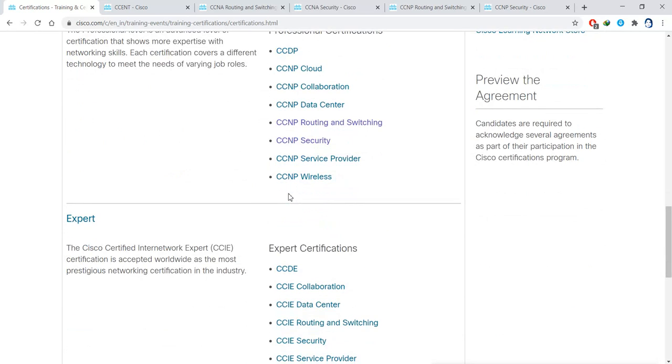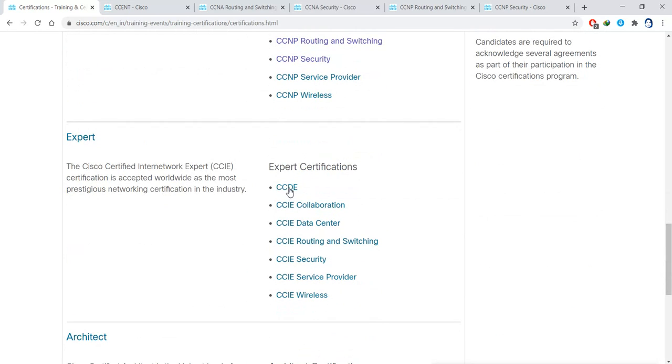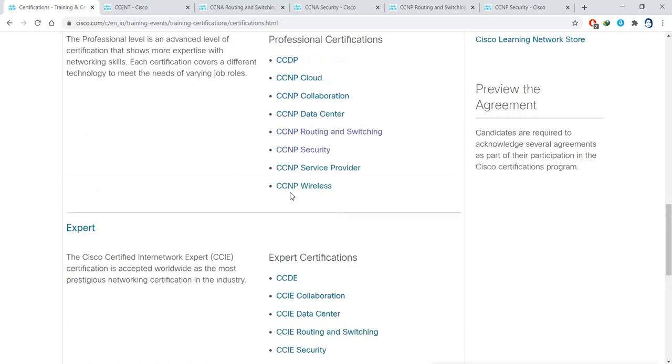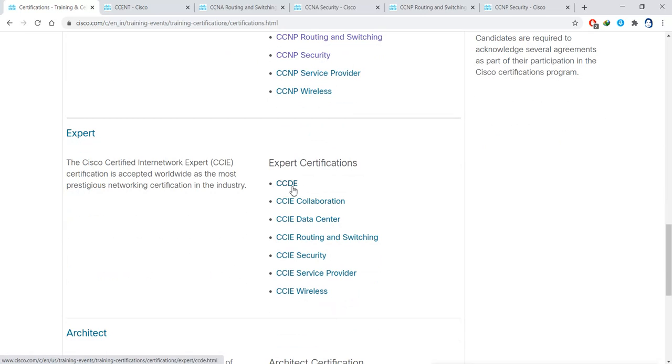Now after NP, you have the expert level, which is CCIE. For design, the DP, it is actually Design Professional, then Design Expert, which means how to design the network basically. In this stream you will learn how to design the network.